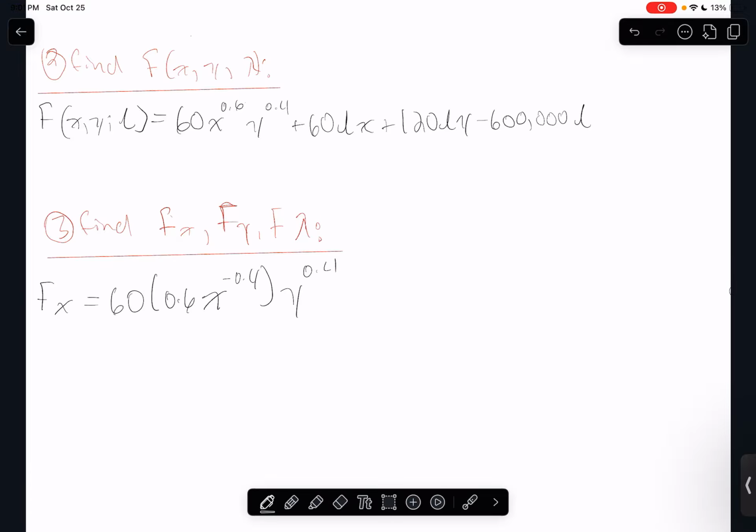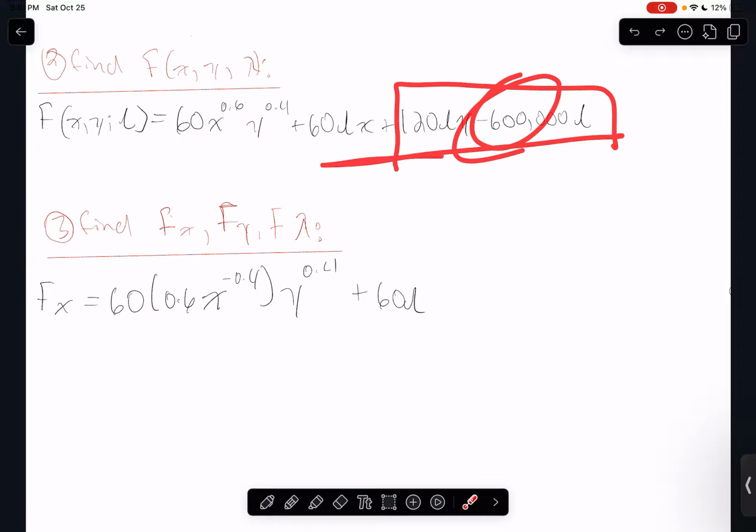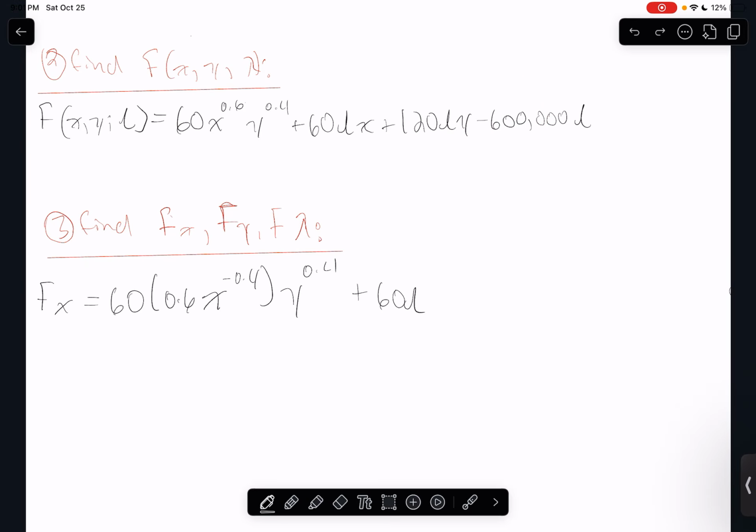Now we're going to add some more functions. We have the derivative of 60 lambda x, which is in turn going to just be 60 lambda, right? And in this instance, since we have no more x values, everything else is going to go to 0. There's no x values here. All this is going to 0. So we don't include this. And then we're going to equate the equation to 0.